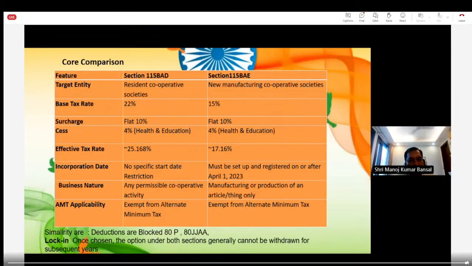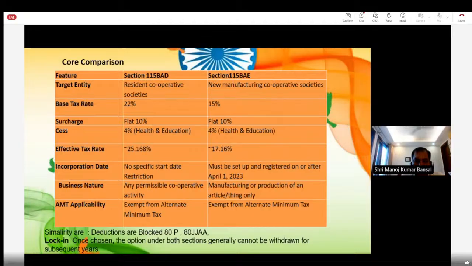Business nature, any permissible cooperative activity is there. For 115BAE, manufacturing or production of an article, thing, or electricity, as we have earlier studied. AMT applicable or not? Yeah, exempt from alternate minimum tax in both the cases.